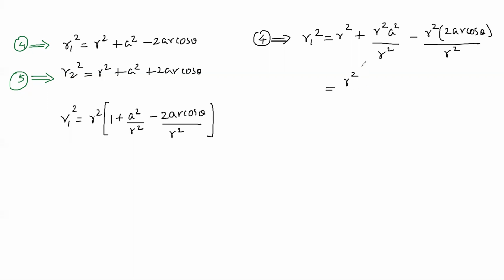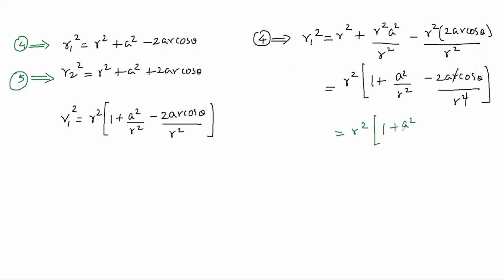So you'll get R square as 1 plus A square by R square minus 2AR cos theta divided by R square. Now we can happily cancel one R, another R. So we are left with the new formula: R1 square equal to R square times 1 plus A square by R square minus 2A cos theta by R.